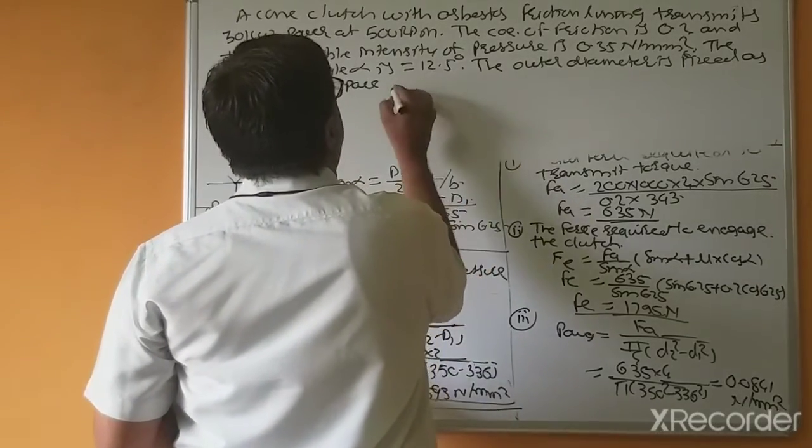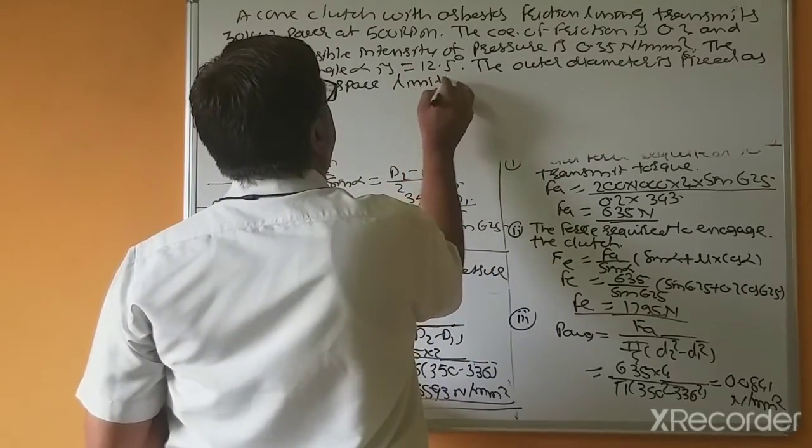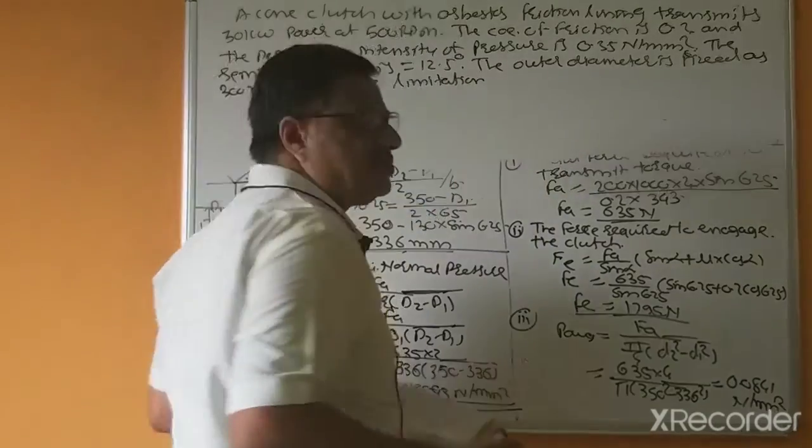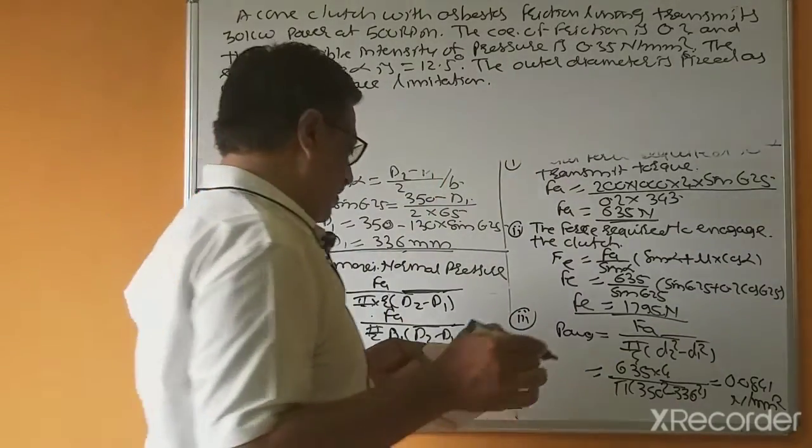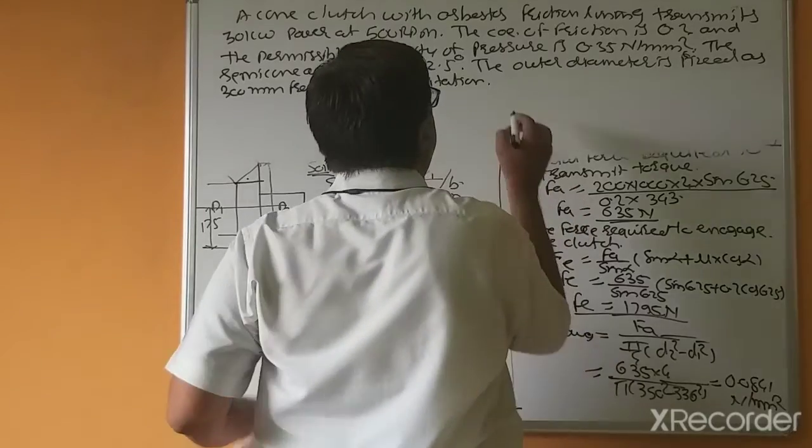This is given. Limitation or consideration is also correct, but limitation is given. Assuming uniform wear theory.